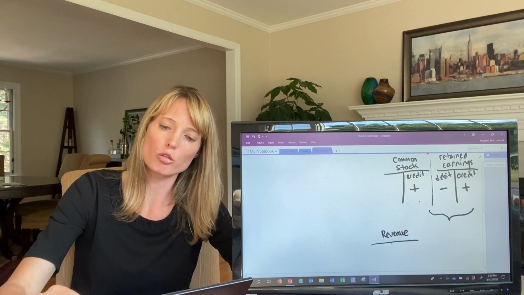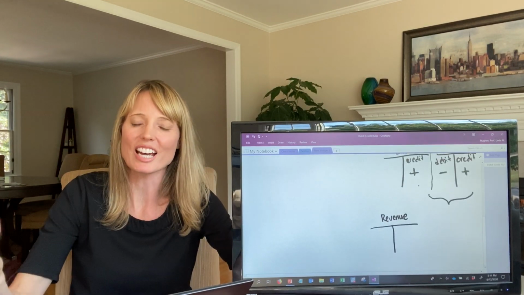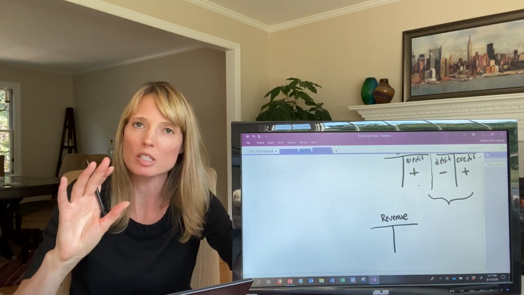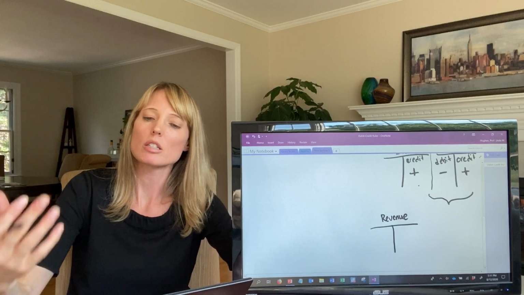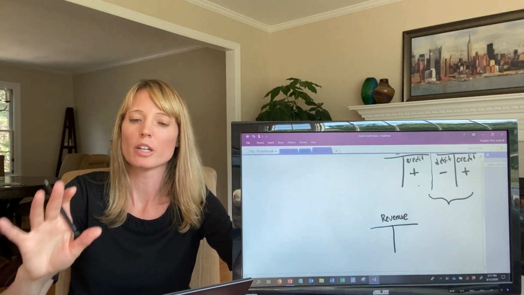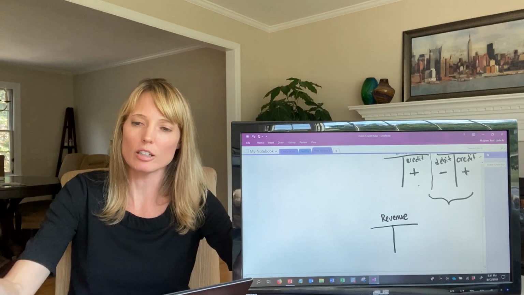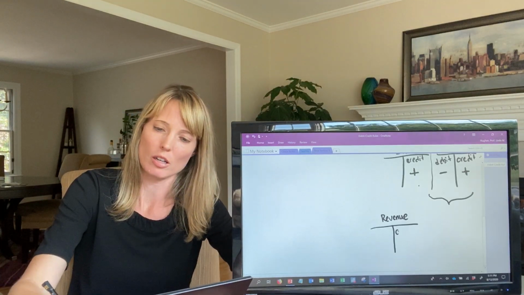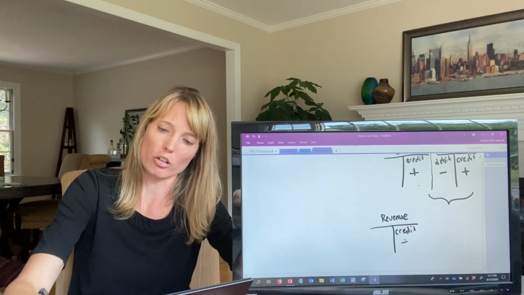And what does revenue do to retained earnings? Well, we never really have negative revenue. I mean, we can have some specific accounts that are contra revenue accounts, like sales returns and sales allowances, but for the most part, typical revenue accounts increase retained earnings. And how do we increase retained earnings? With a credit.